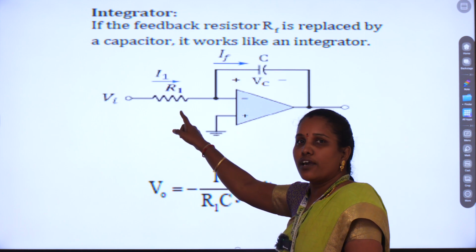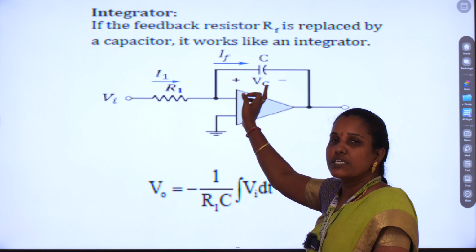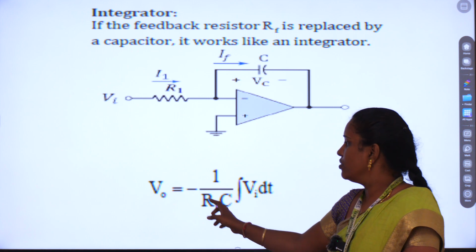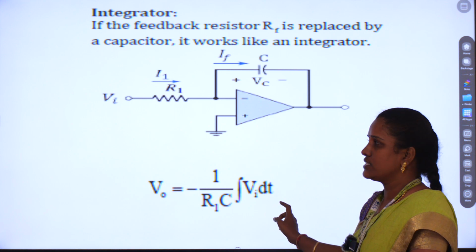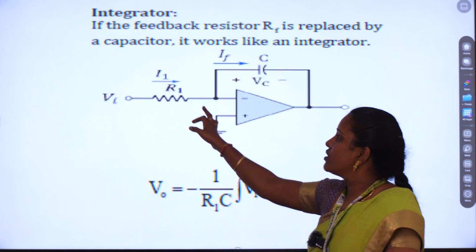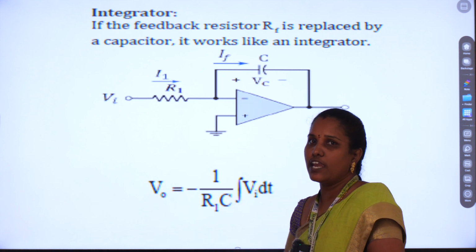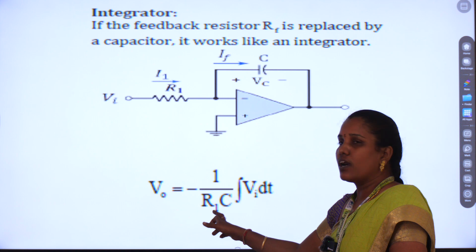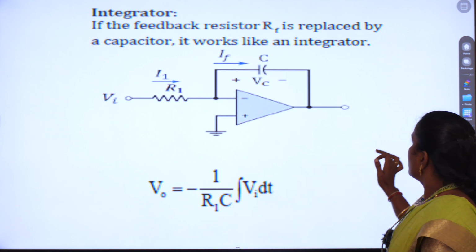The current flowing through the R1 resistor is equal to the current flowing through the capacitor. Based on the current equation, we get V0 equal to minus 1 by R1C times the integration of the input voltage. Sometimes they will give the values of R1 and C1 and ask for the gain factor. The gain factor here is 1 by R1C, the important gain factor for this circuit.